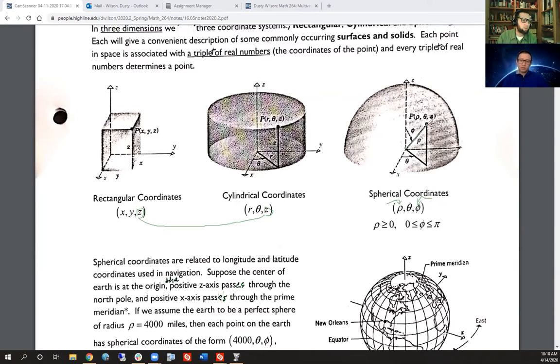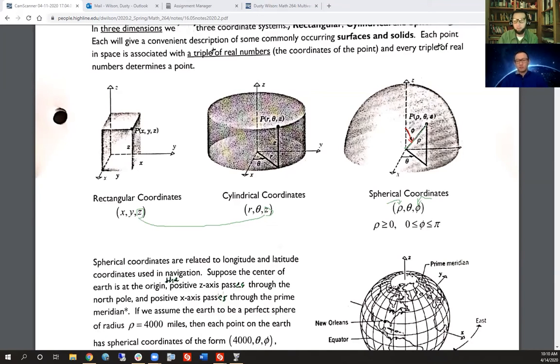The theta is the same theta that you're used to. And phi is interesting. This is the one you've got to be careful with. Phi is the angle from the positive z-axis down to that radius.